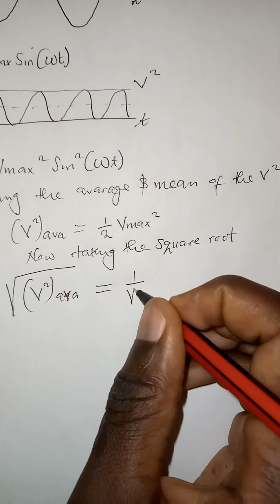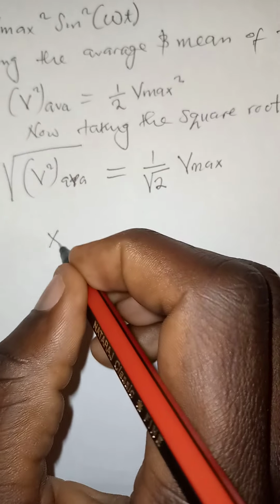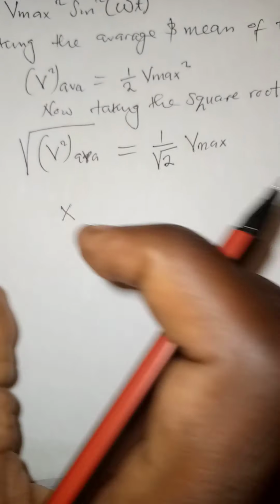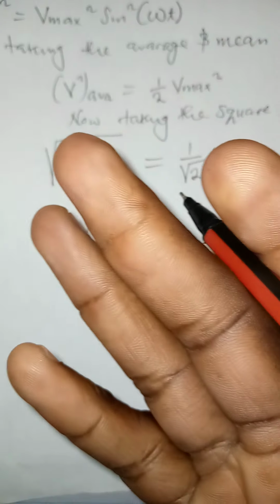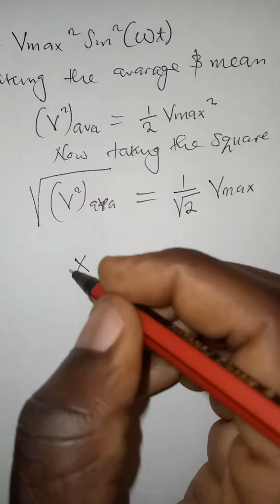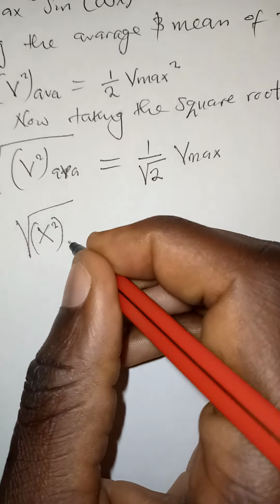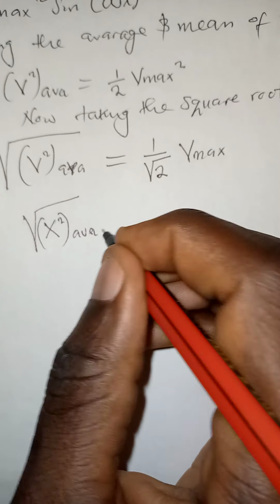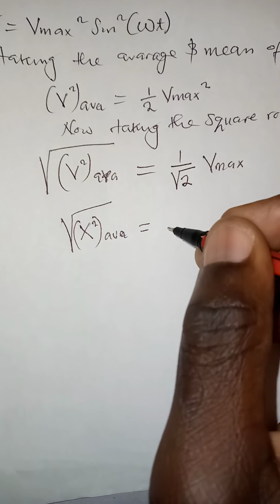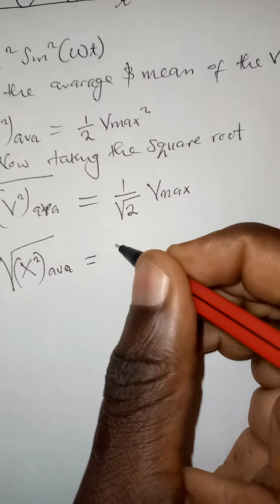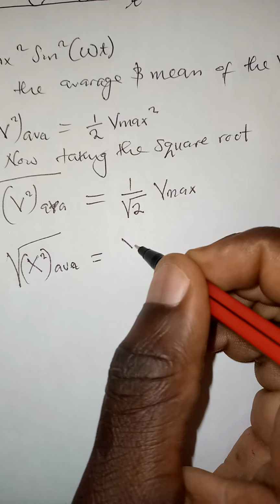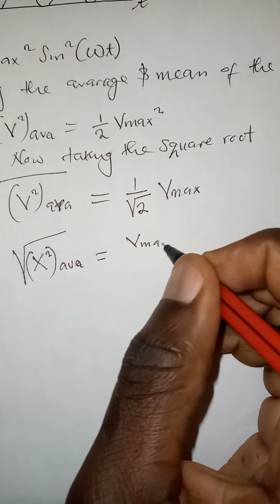So generally speaking, we are saying this is any variable of voltage. I don't care what number it can be, but it can be any variable of voltage. So we are saying this is the variable of voltage average, which is simply equal to 1 over root of 2 v max, like this.